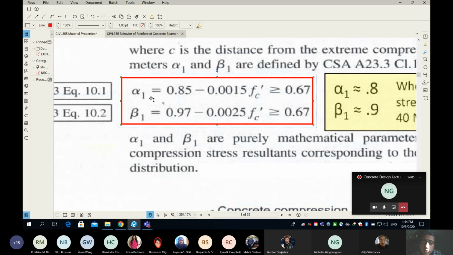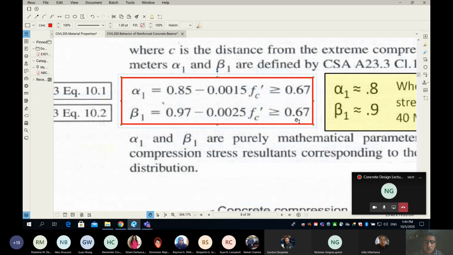Alpha 1 is equal to 0.85 minus 0.0015 fc dash, and it has to be more than or equal to 0.67. Beta 1 is 0.97 minus 0.0025 f prime c, and it has to be more than or equal to 0.67.